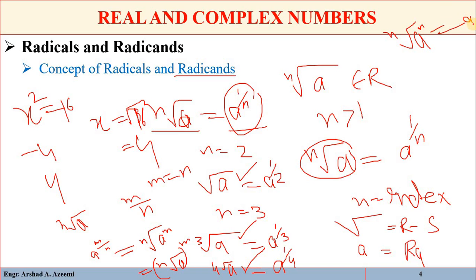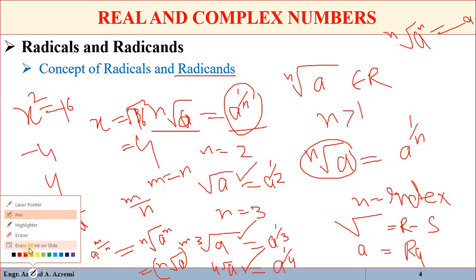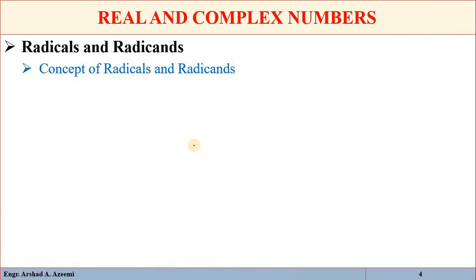Now we have different properties, or characteristics, of these radicals and radicand. Suppose a is a positive number, greater than 0, then the nth root of this a will also be positive.